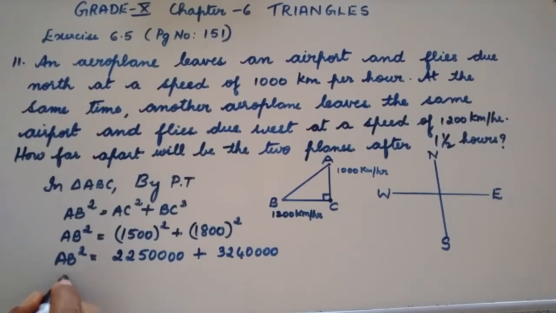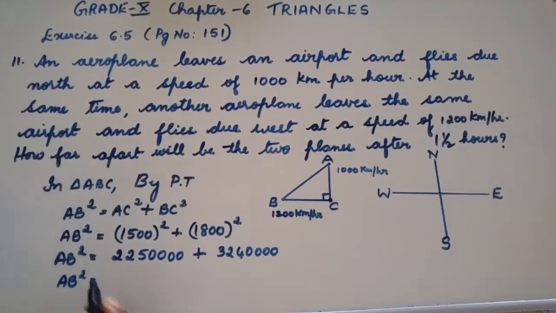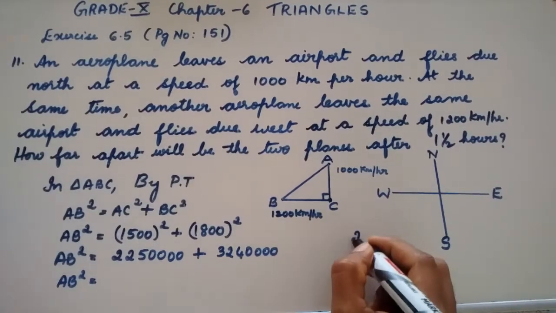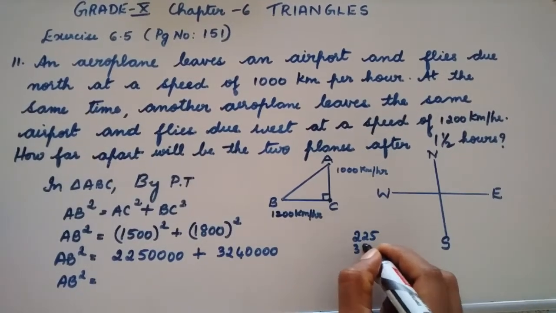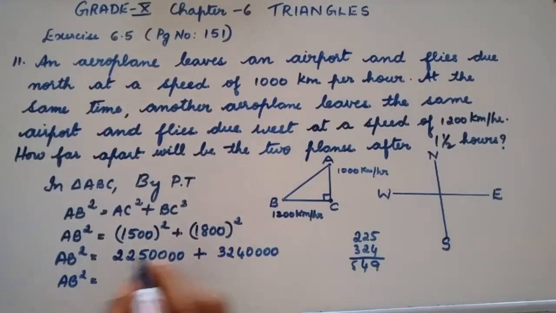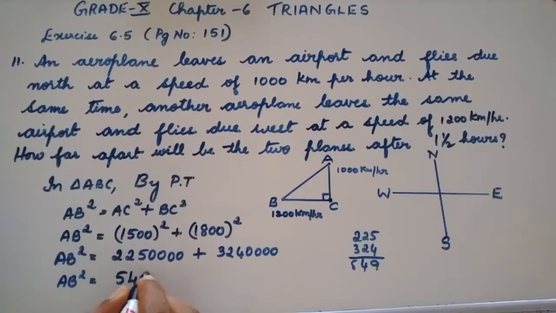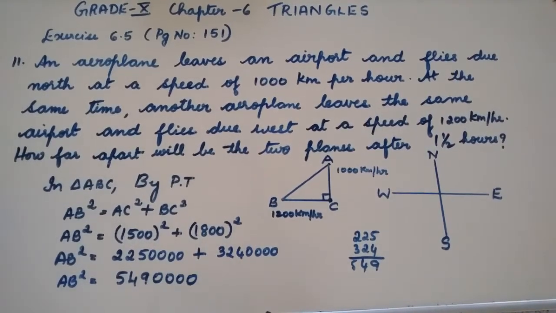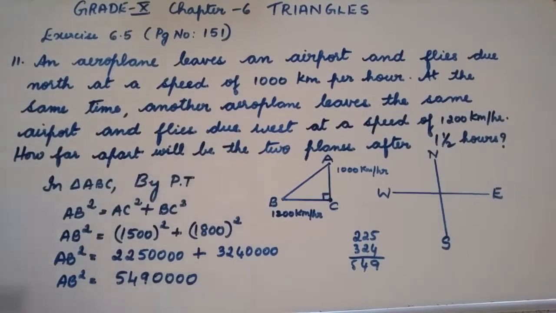So altogether AB square is equal to, so how much is 225 and 324? So 549, and then we have to add 4 zeros. So that is, we get 54,90,000.